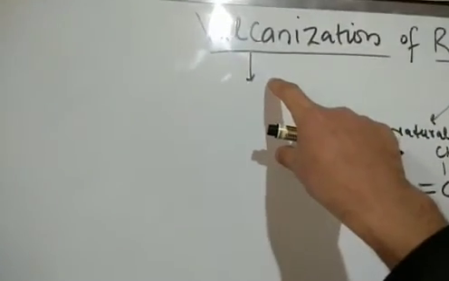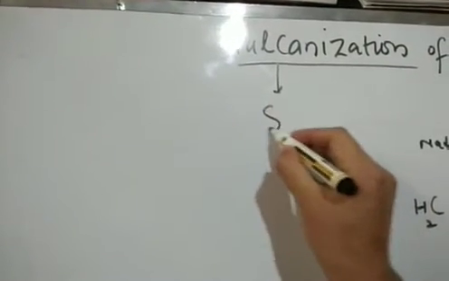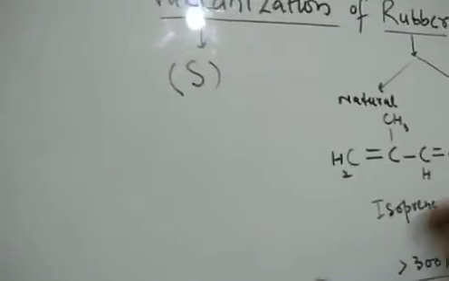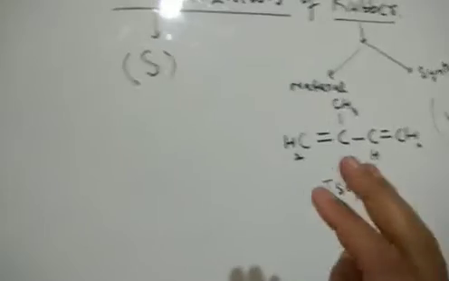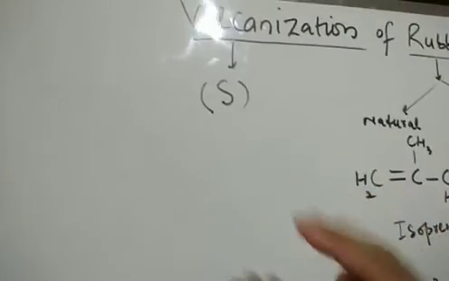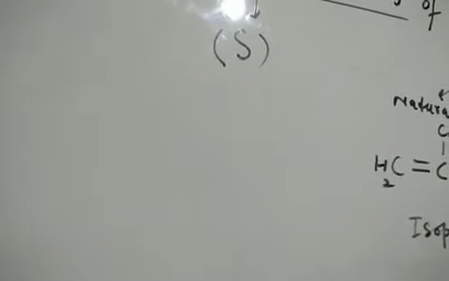We heat it in presence of some reagents, particularly sulfur. Natural and synthetic rubbers both behave similarly with respect to temperature. Heating the rubber in presence of a reagent like sulfur improves its properties. For example, it becomes highly elastic.